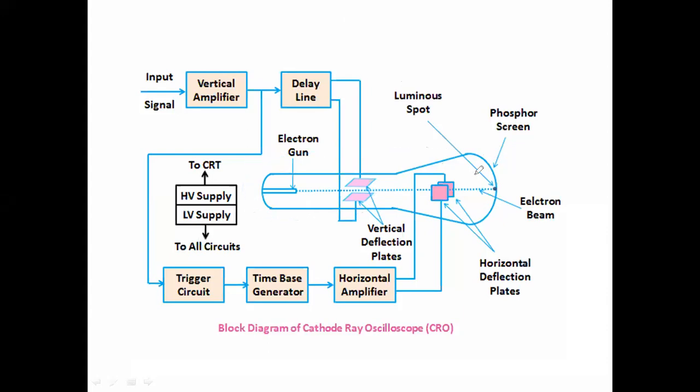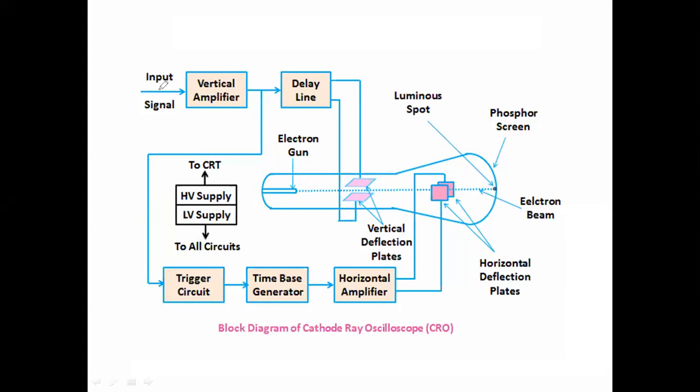The CRT mainly has the electron gun, the vertical deflection plates, the horizontal deflection plates, and the phosphor screen, where a luminous spot occurs when the beam of electrons bombards the phosphor screen. And this is the electron beam; the dotted line indicates the beam of electrons.